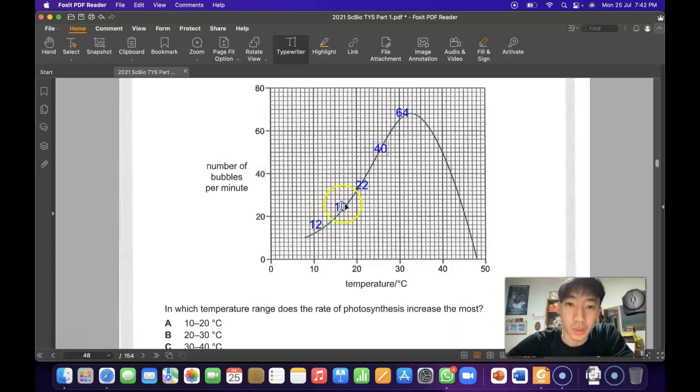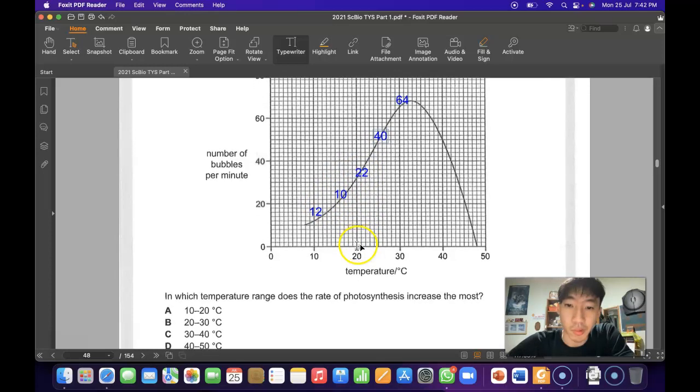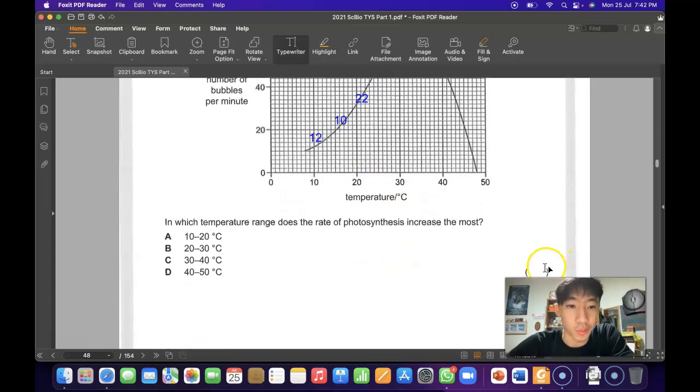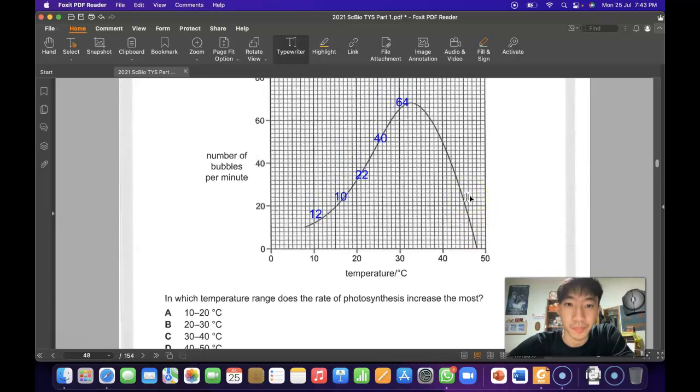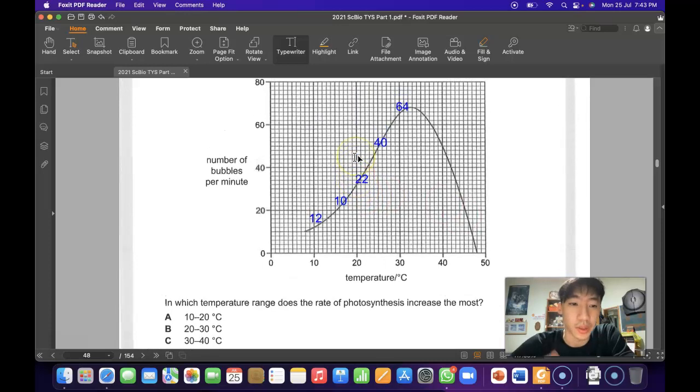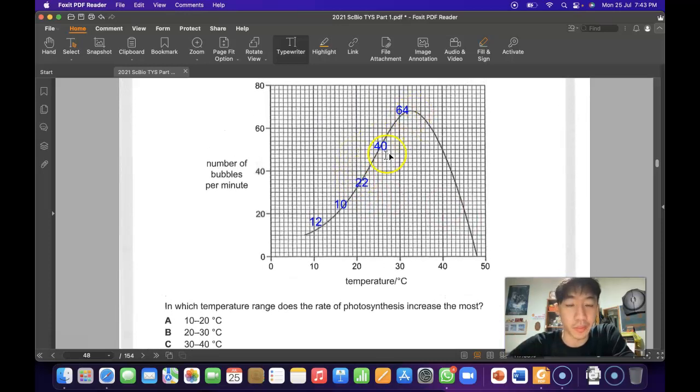So what we can conclude is that the range of 20 to 30 degrees Celsius is where the rate of photosynthesis increased the most. B. Honestly, it's quite obvious. You don't even have to do the math. You can just estimate.